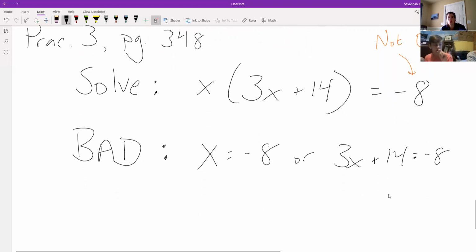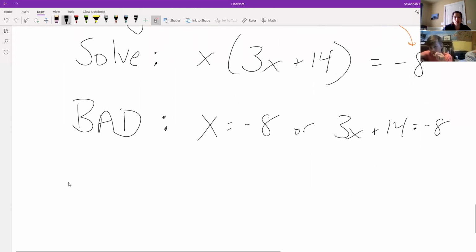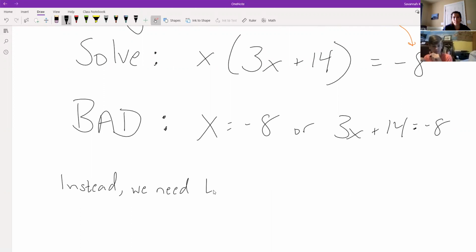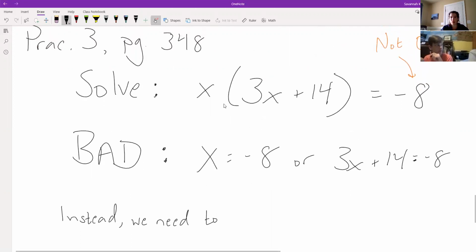What we need to do, unfortunately, it's going to feel temporarily like we undo what they gave us, because they gave us something that was nicely factored, and we're going to mess that all up.